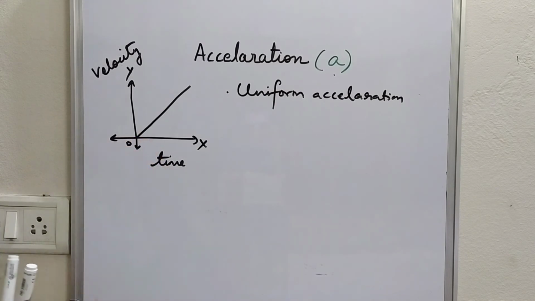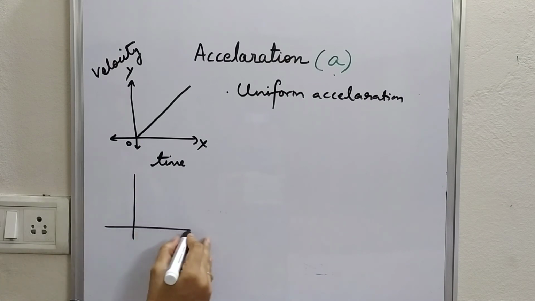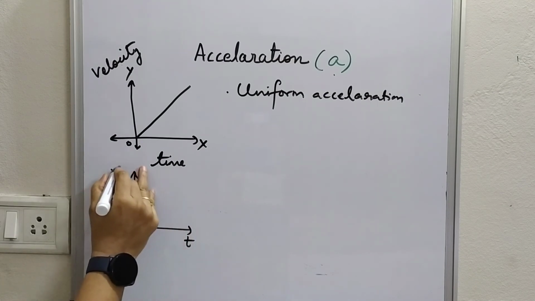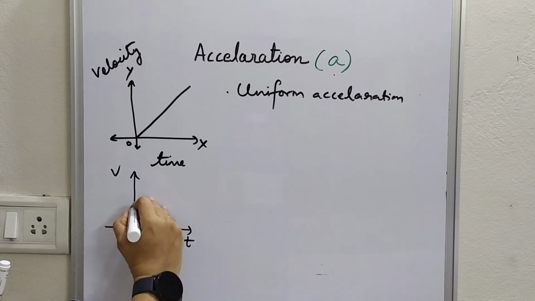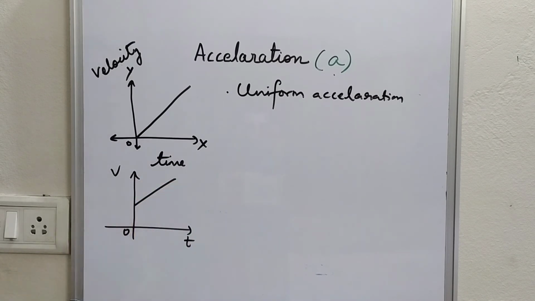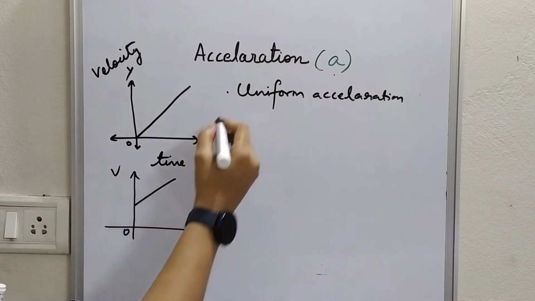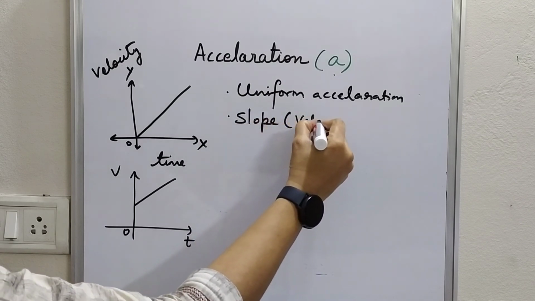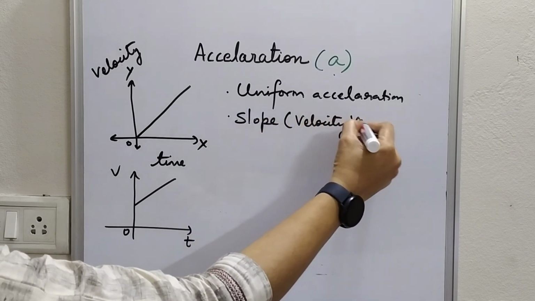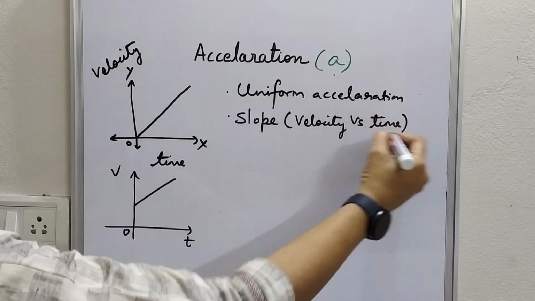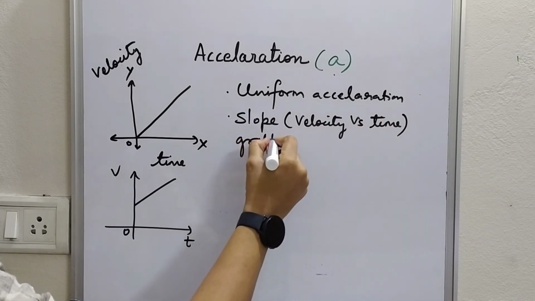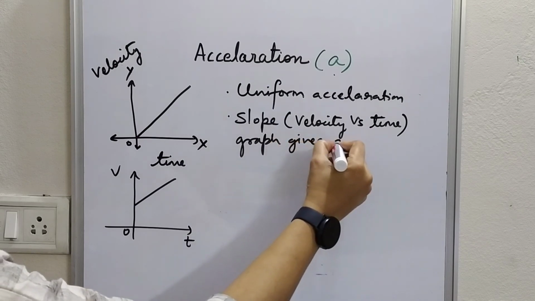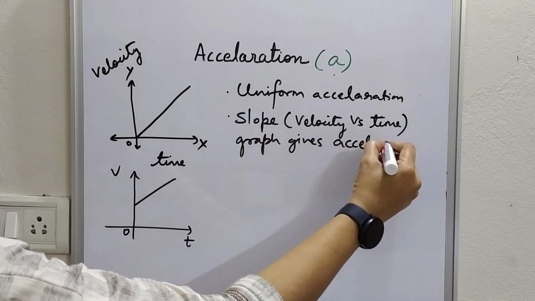Now, the graph need not be from the origin, but if the graph is a straight line, neither parallel to the x-axis nor parallel to the y-axis, something like this, then the slope of this kind of graph, the slope of a velocity versus time graph, gives the acceleration of the body.